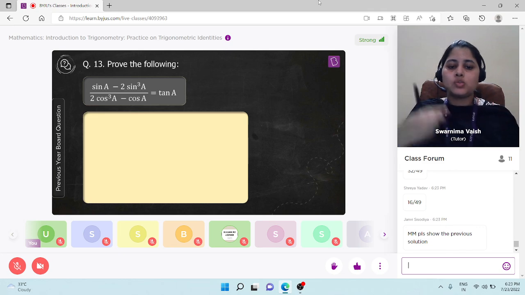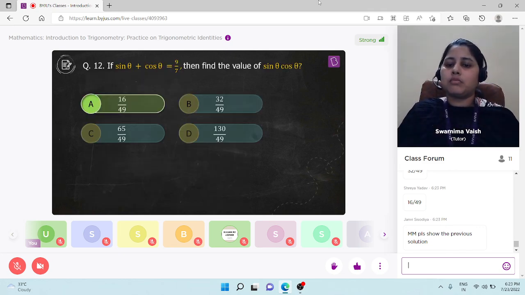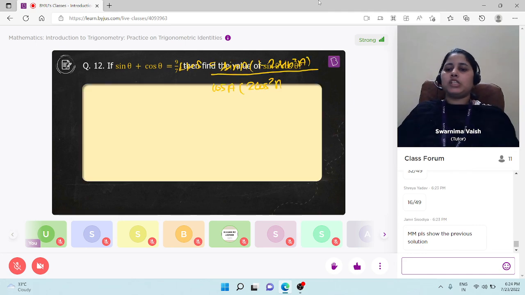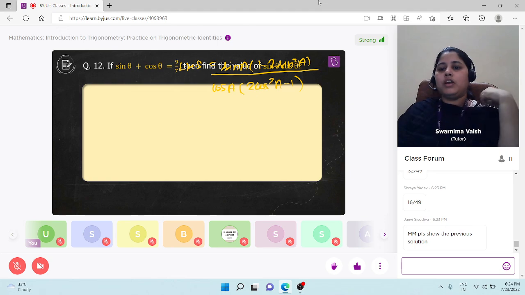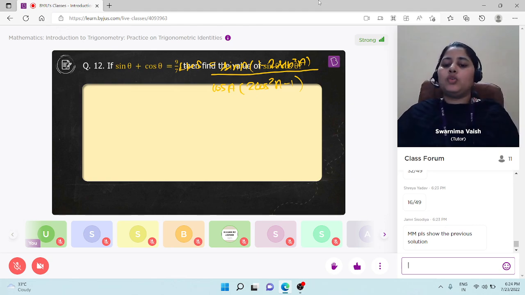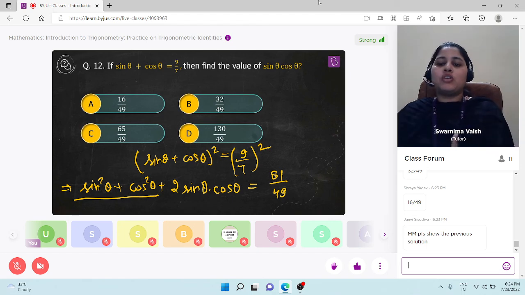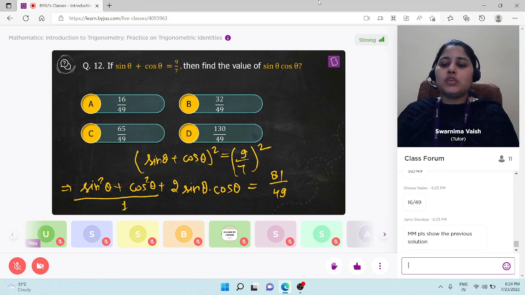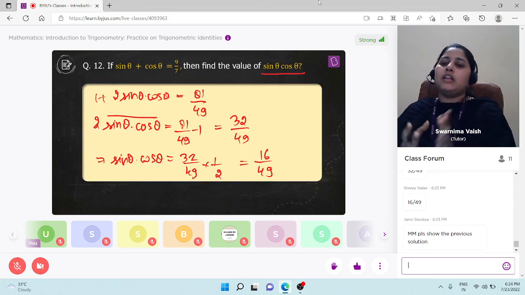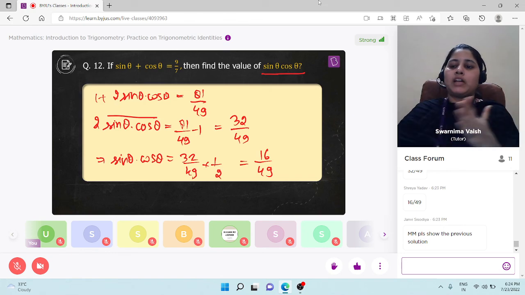Please show the previous solution. Okay, Janvi. Just give me a second. This one, na? Here, we just take square to both the sides. So we can expand with a square plus b square plus 2ab. We expand with this formula. So this one is the identity, so its value is 1 only. Plus 2 sine theta cos theta is equal to 81 by 49. Then we transpose 1 to right hand side.